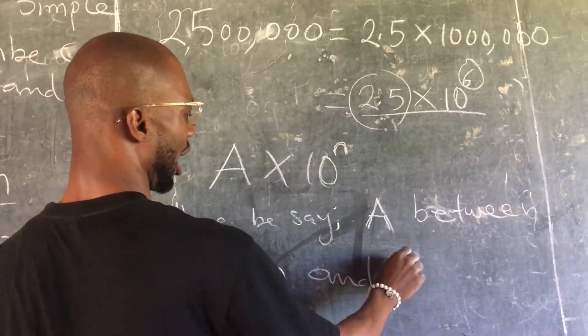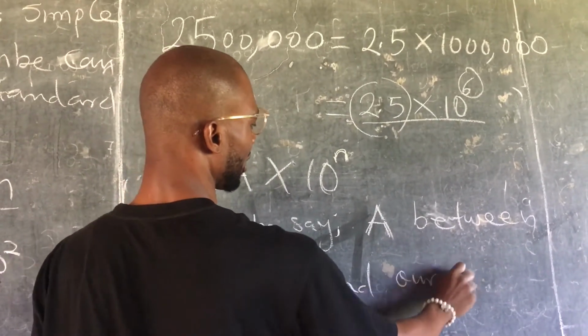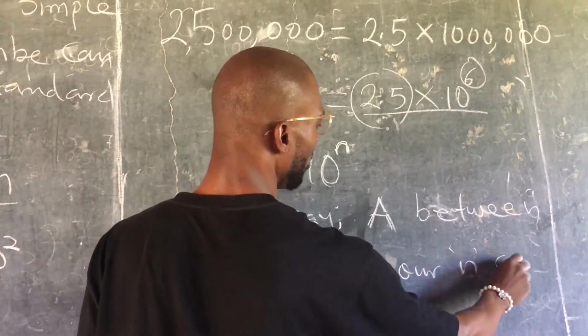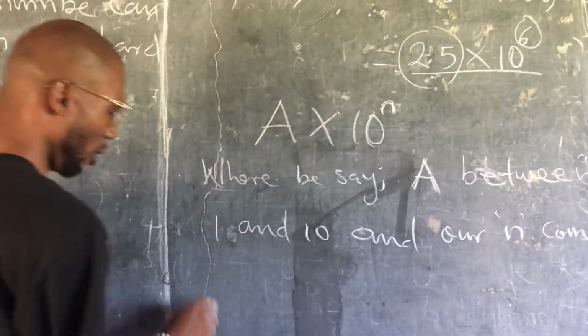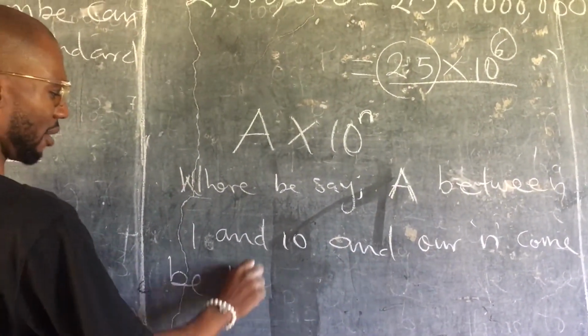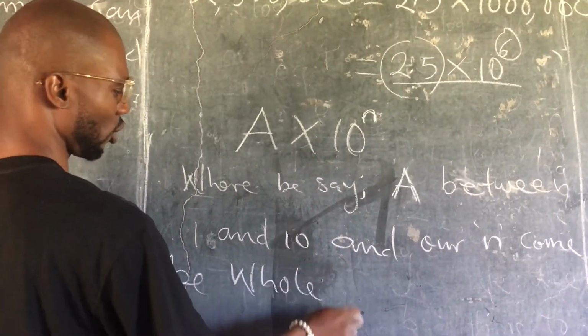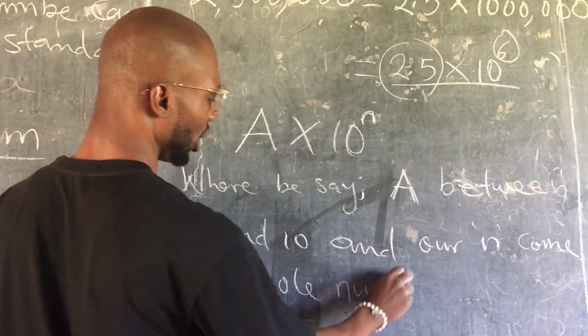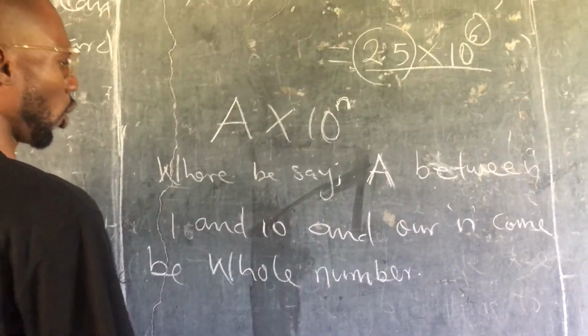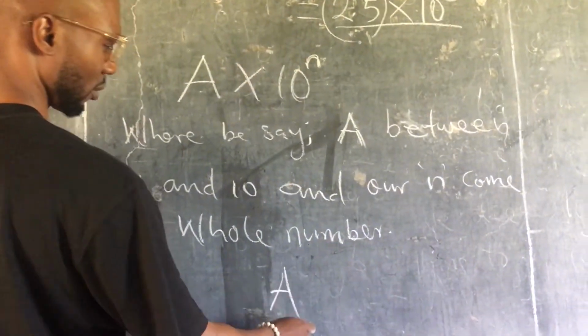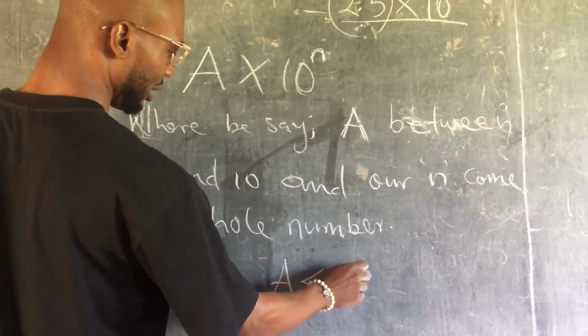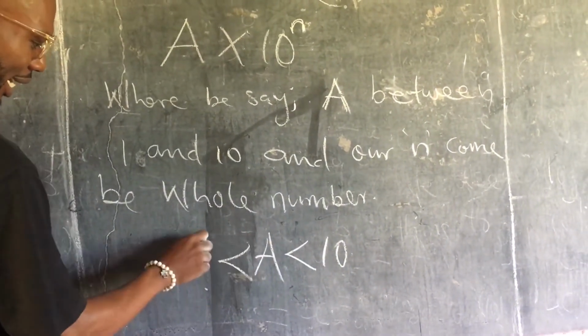And our n is a whole number, or what we call an integer. So our A is less than 10, and our A is greater than 1.